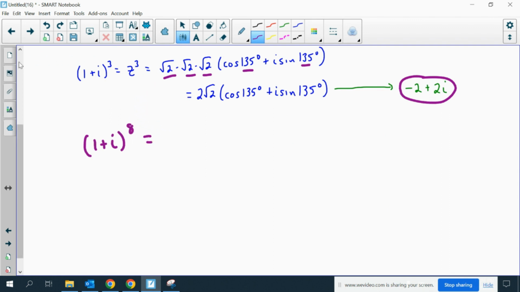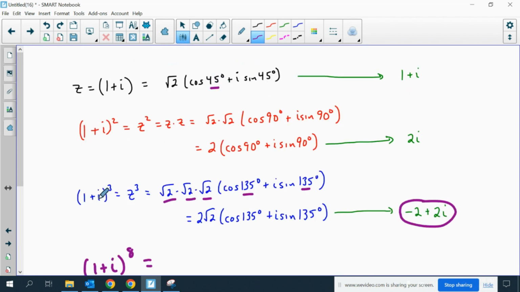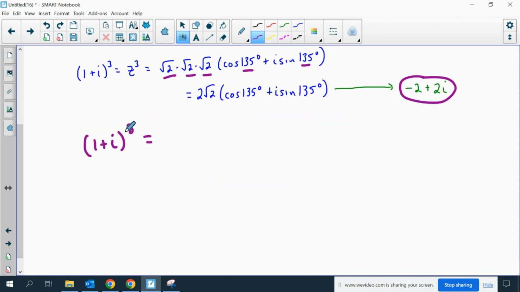So if the original angle was 45, I just multiply that by 8 and get 360. If the radius was √2, I take that to the 8th power because I'm multiplying it by itself 8 times. So I end up with 16 times (cos 360 + i sin 360).